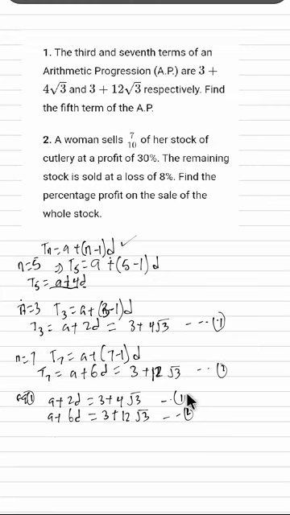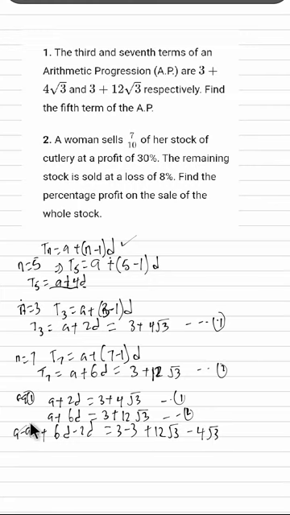So a minus a, plus 6d minus 2d, is equal to 3 minus 3, plus 12 root 3 minus 4 root 3.